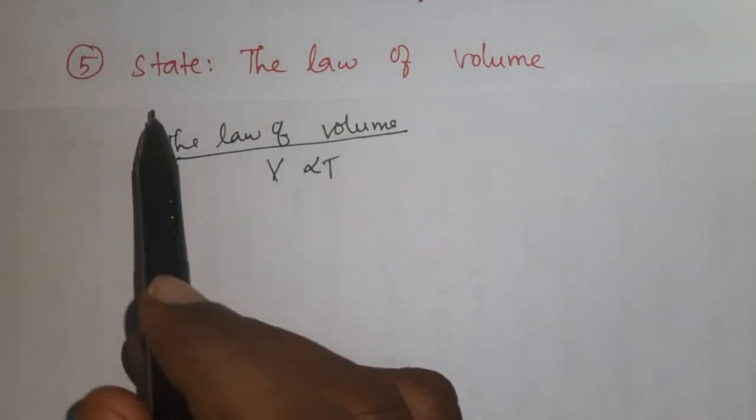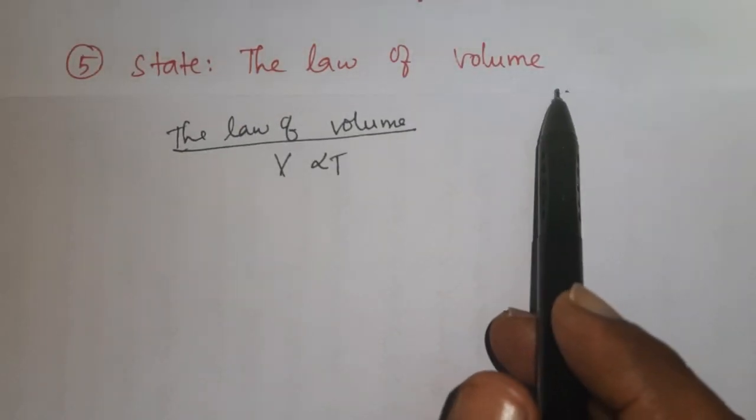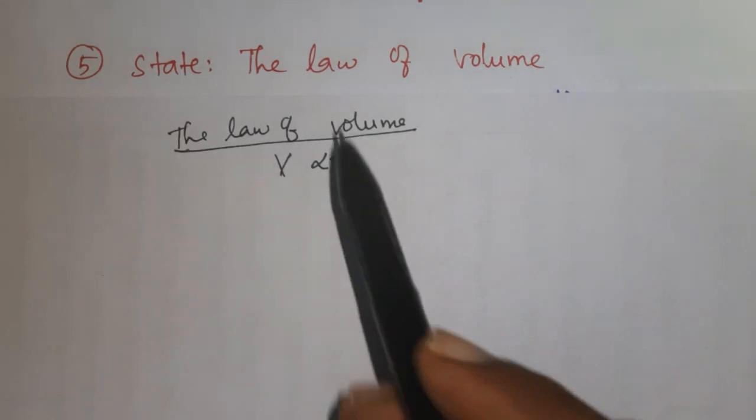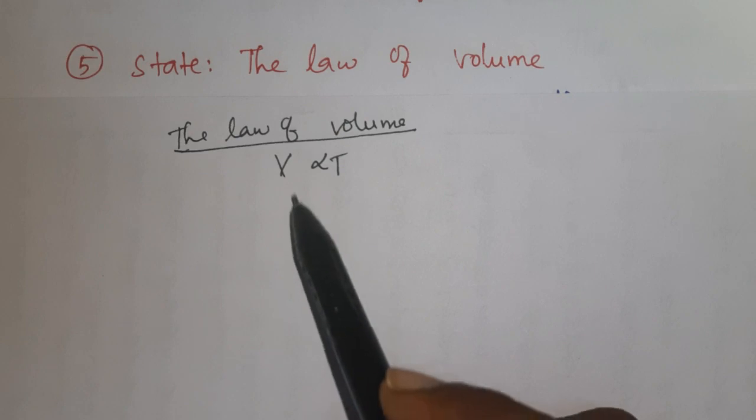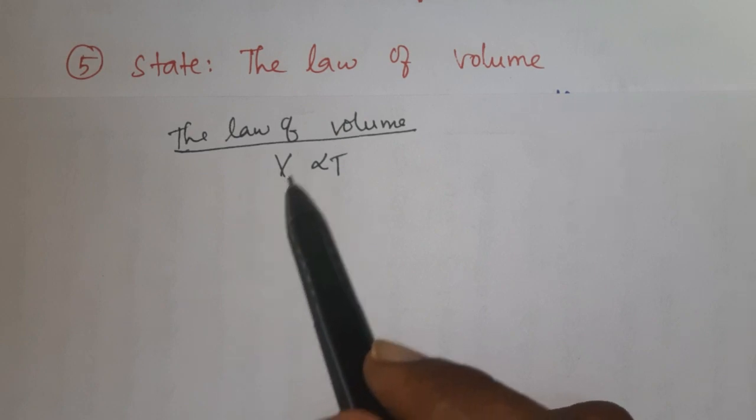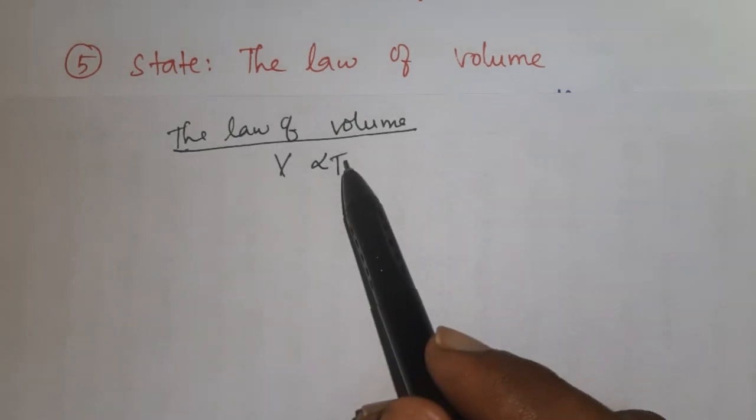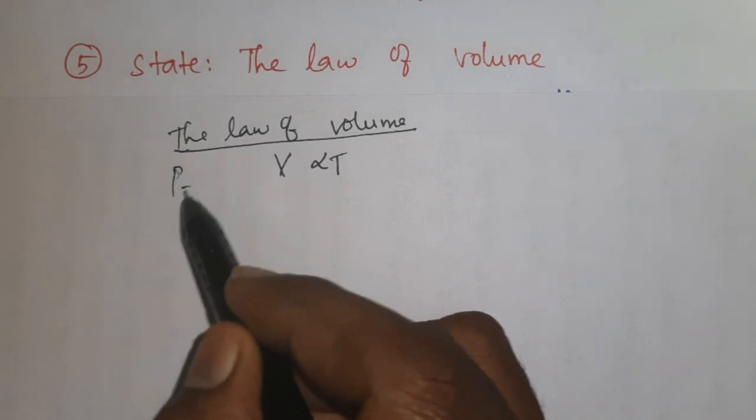Question number 5. State the law of volume. The law of volume gives a relation between volume and temperature when pressure is constant.